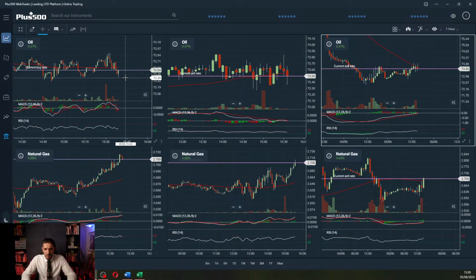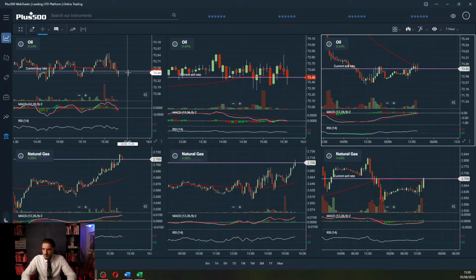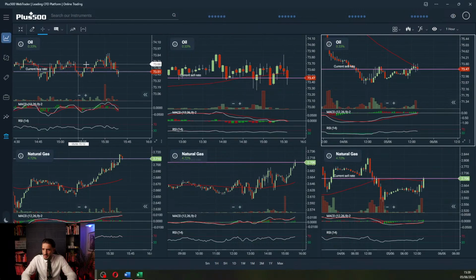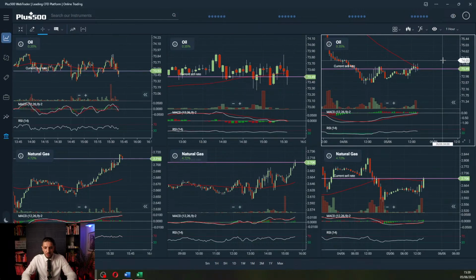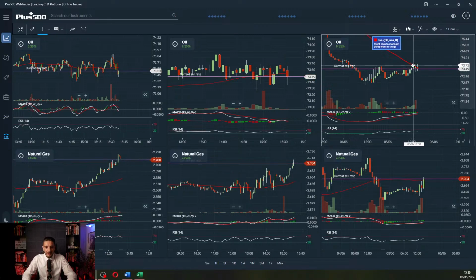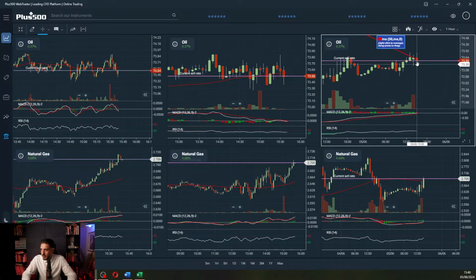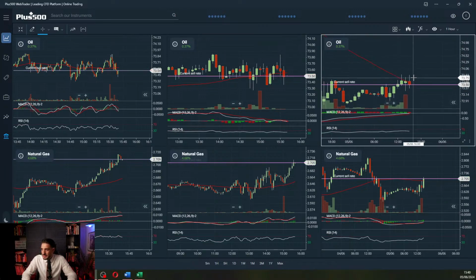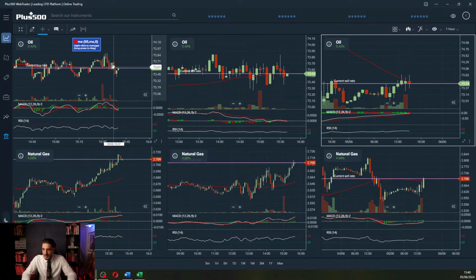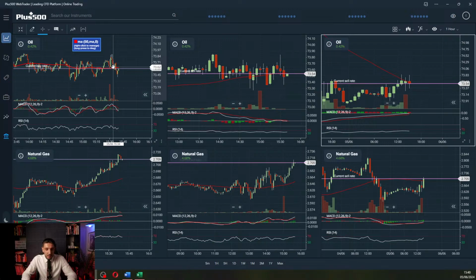Cool, guys. What do you think will happen with crude oil? It's finding consolidation, and that consolidation is purely because of the hourly moving average right here, as you can see on the far right window. We're edging to break it, but we can't break it. We're trying and trying and trying. So let's see, bulls or bears? It is as simple as that, to be fair.